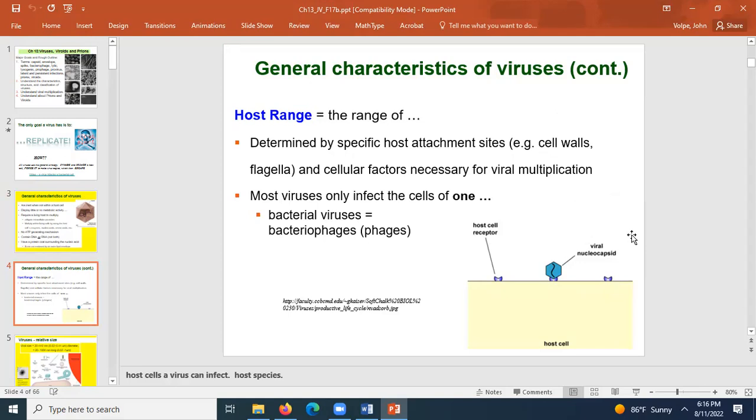And the host range is also determined by certain cellular factors necessary for viral multiplication. If you had a cell with no ATP, the virus would not replicate because it needs ATP that is supplied by the host cell.